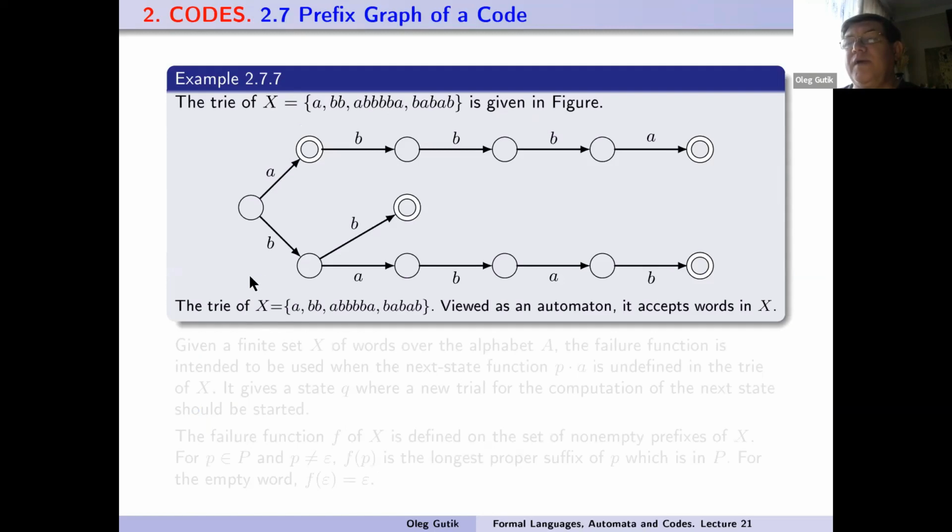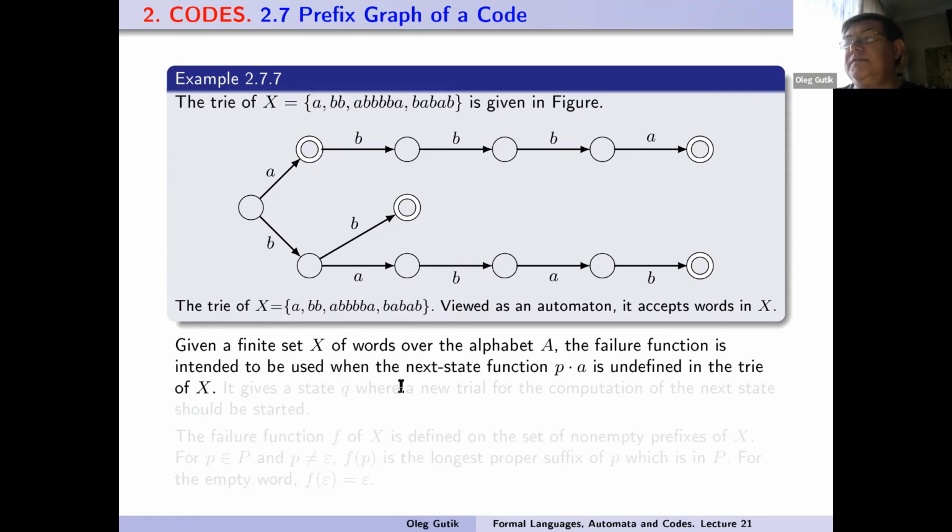The trie of X, viewed as an automaton, accepts the set X. Given a finite set X of words over the alphabet A, the following failure function is used when the next state function p times a is undefined in the trie of the set X.